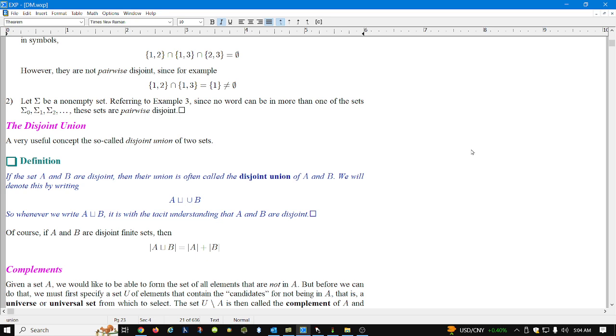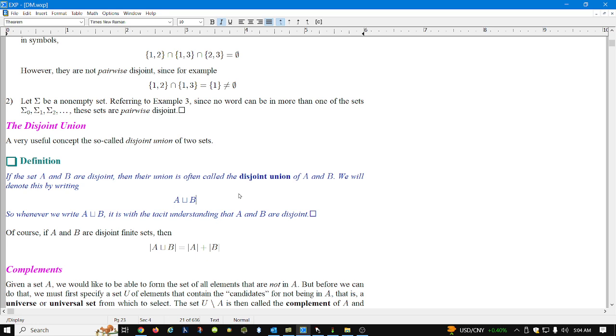The union symbol has a round bottom. The disjoint union symbol has a square bottom. So you'll have to be very careful when you're handwriting these to make it crystal clear which union you're designating. Whenever you see this symbol in this book, it is with an understanding that A and B are disjoint.